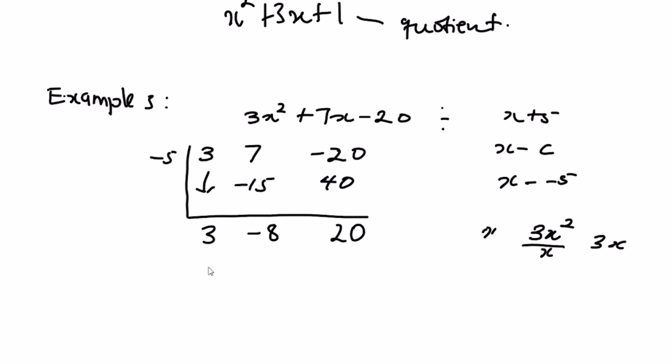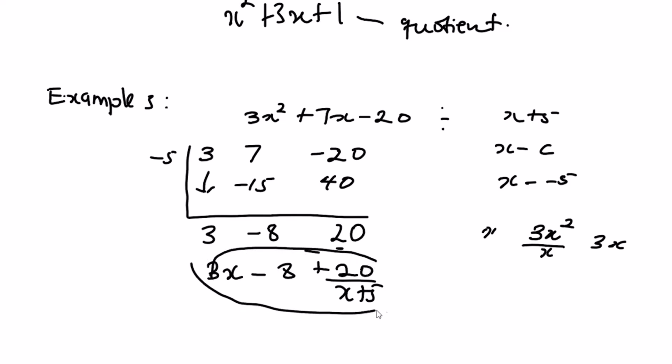So our first term here should be 3x. Then minus 8. Now, anytime you have a remainder in this form, you are going to write it divided by the divisor, which was the x plus 5. So this is how you are going to write it if the remainder is not 0.